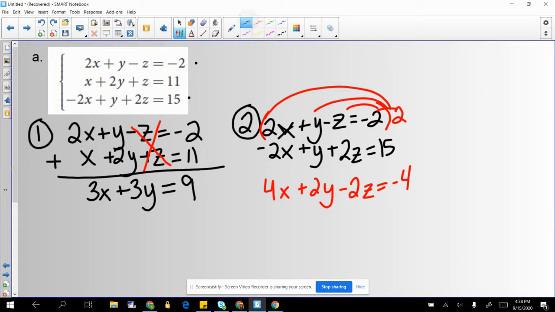All right, and then we're going to rewrite the second one, the bottom one, exactly the same. And again, what's nice is these will cancel.